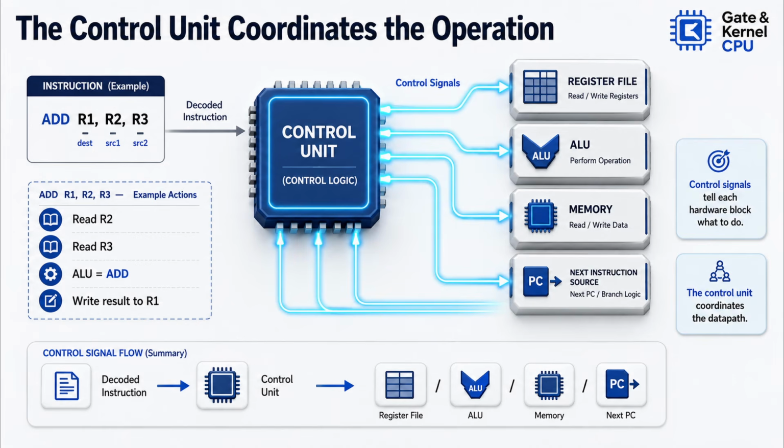For an instruction such as add R1, R2, R3, the control signals are conceptually saying: read R2, read R3, tell the ALU to add, write the result into R1. The control unit acts as the coordinator of the CPU datapath.